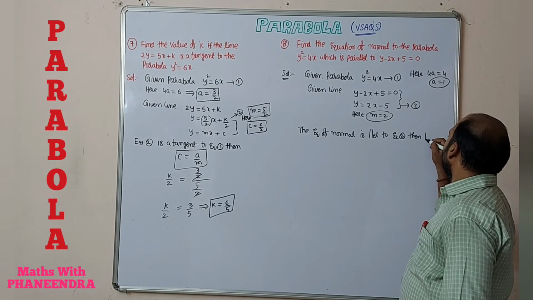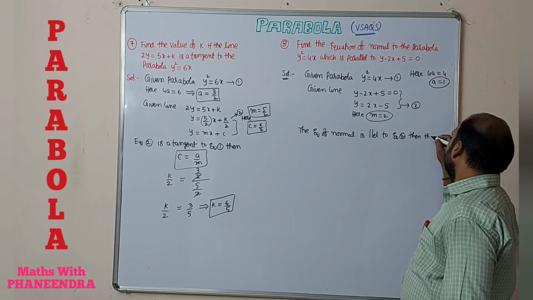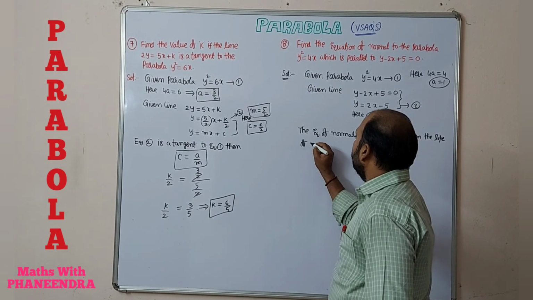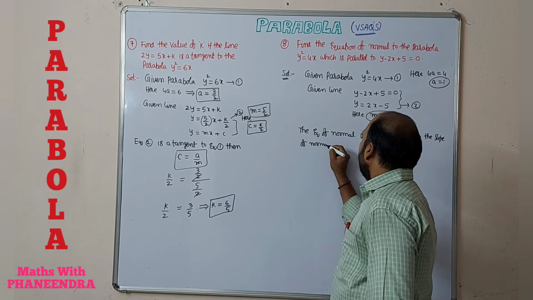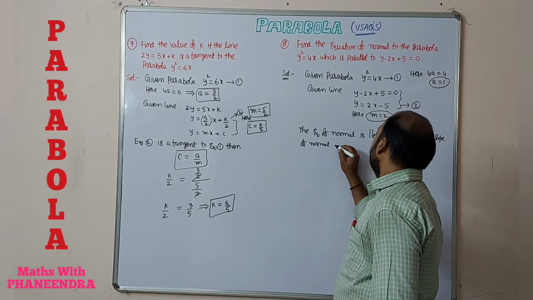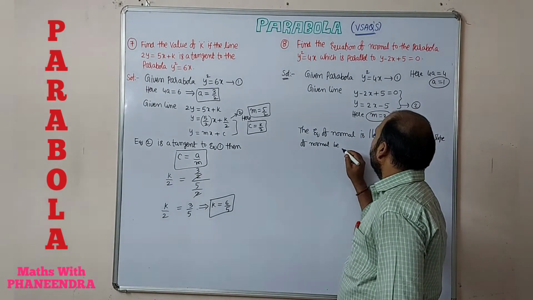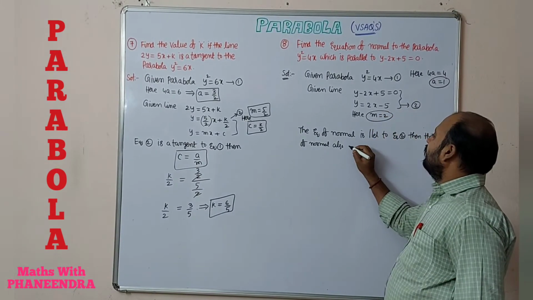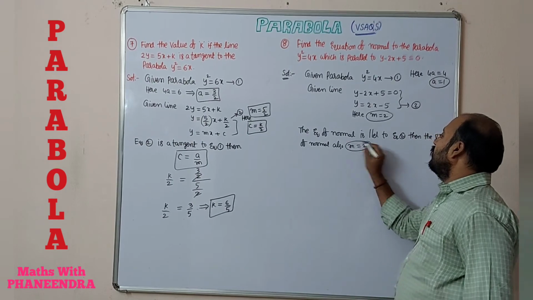Then the slope of normal also, m is equal to 2.